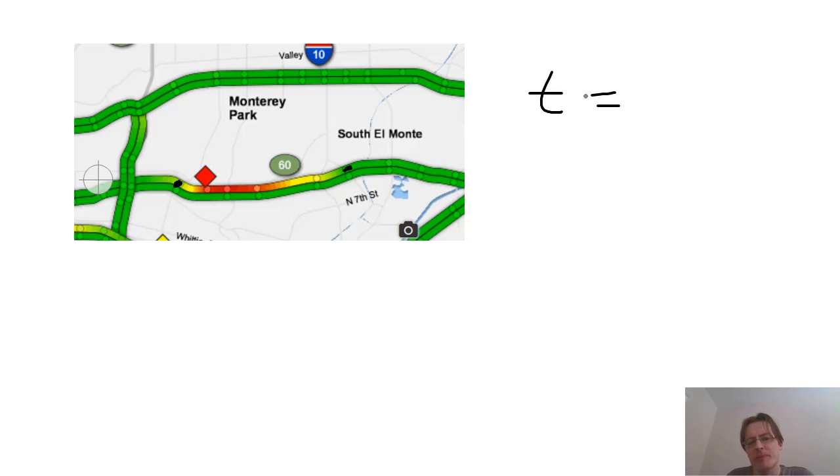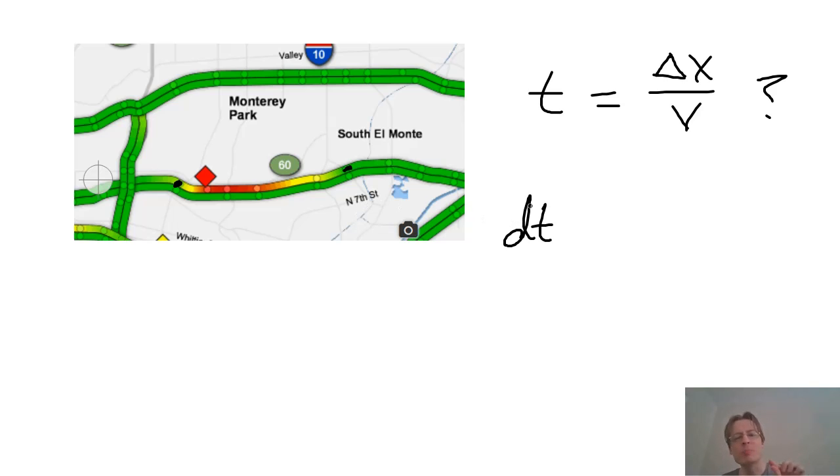Now, time would be displacement divided by velocity. However, that's not going to work because the velocity is changing from point to point. But we're on the right track. Instead of trying to find the full time it takes to cross the whole thing, what I can do is split it up into little bitty infinitesimal time intervals, find the little bit of time it takes to cross each little bitty distance.